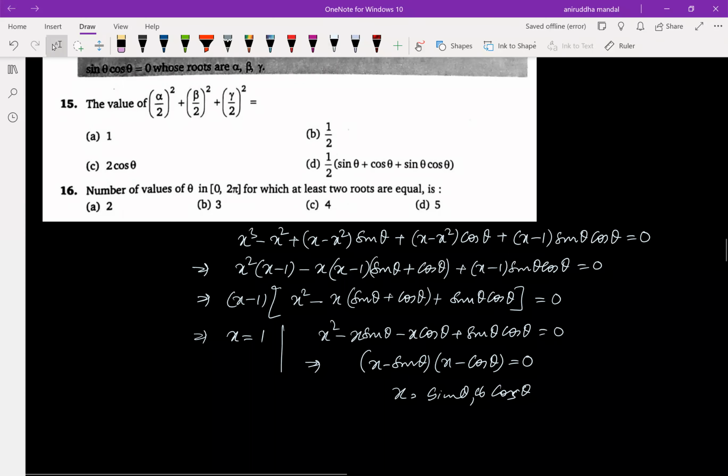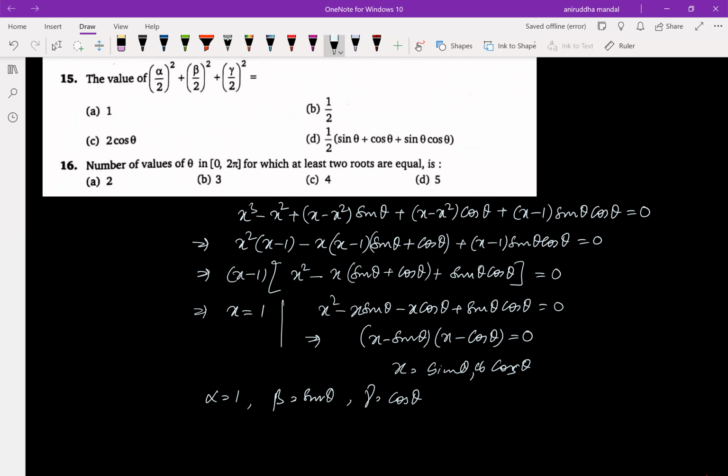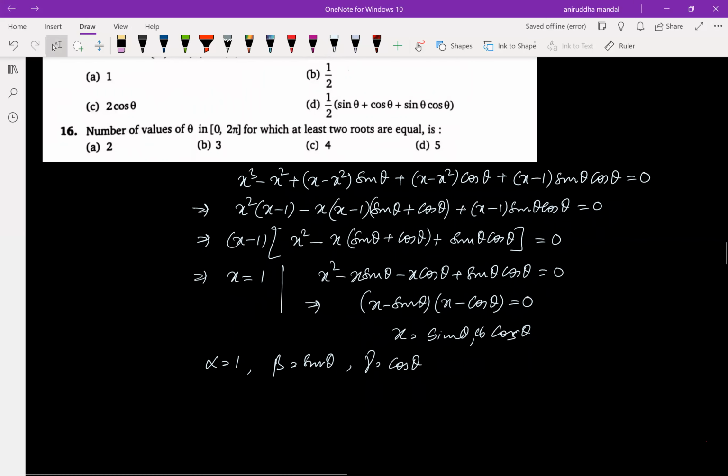Okay, so our alpha is, let's say, 1, beta is sine theta, and gamma is cos theta. Okay, so the first expression is alpha square by 2 means 1 by 4, alpha by 2 plus beta by 2 plus gamma by 2, square of all the values.